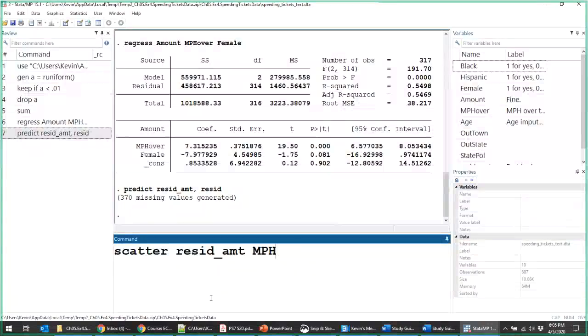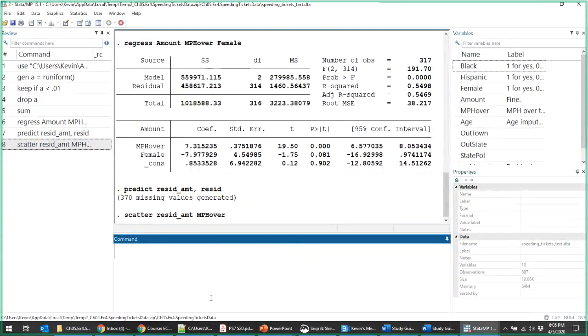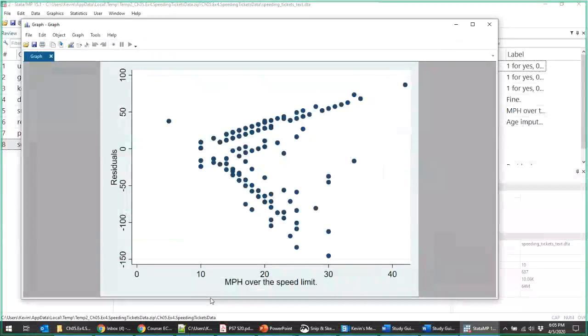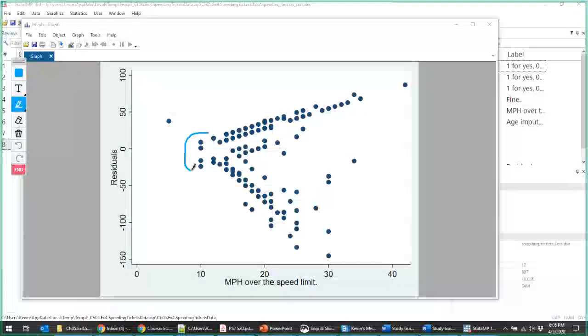So first we're going to do the eyeball test. Does it look like there's heteroskedasticity in this data? Certainly looks like it to me. It looks like the story here is that for people who are maybe 8 or 9 miles per hour over, first of all, there's one poor person who got pulled over when they were like 3 miles per hour over the speed limit. So that's some jerk of a cop.